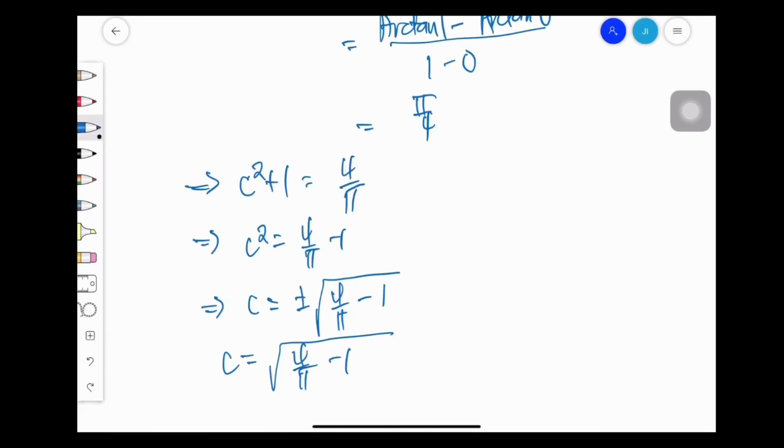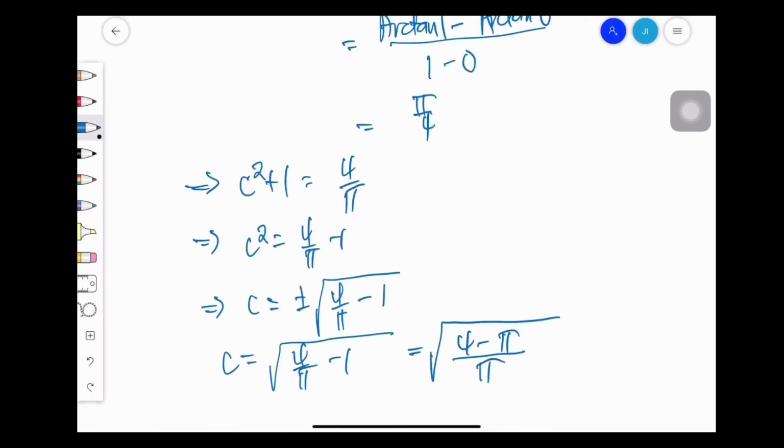But is this between 0 and 1? Well, if you have a calculator there, you can verify it. But if you can analyze what number really this is, 4 minus pi all over pi, square root of 4 minus pi all over pi. We know that pi is about 3.14. So meaning 4 minus pi is less than 1.